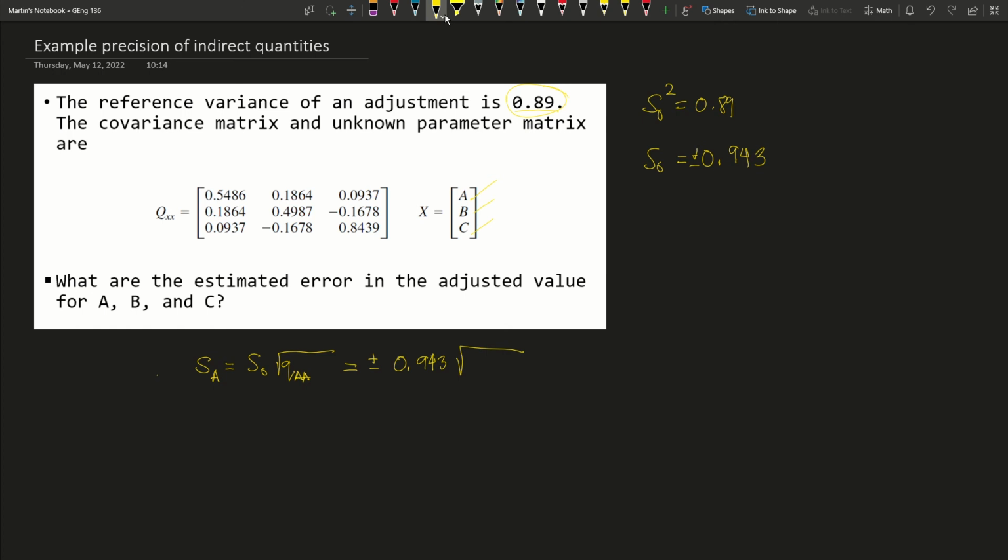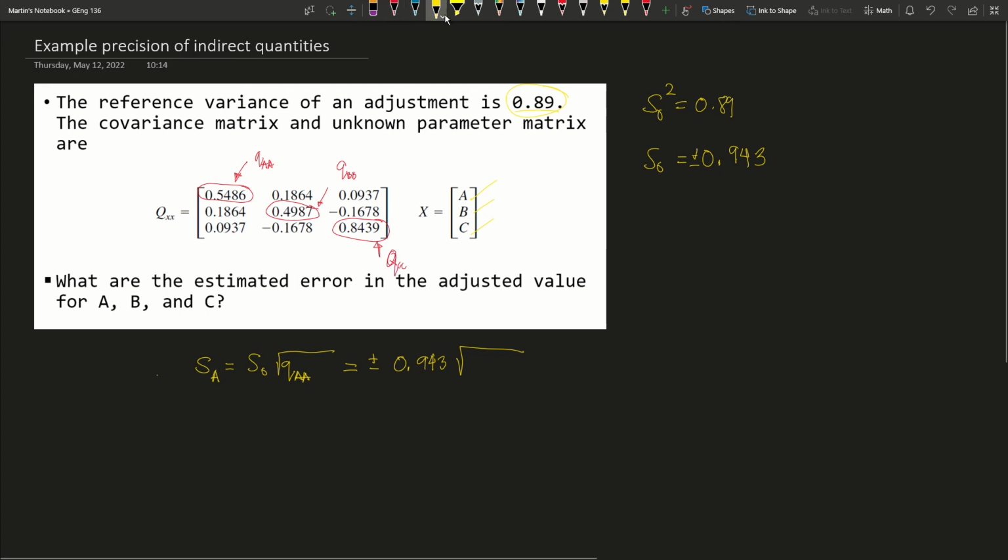Remember, you need to get only the diagonal components of the Q matrix. This is your QAA, this is your QBB and QCC.